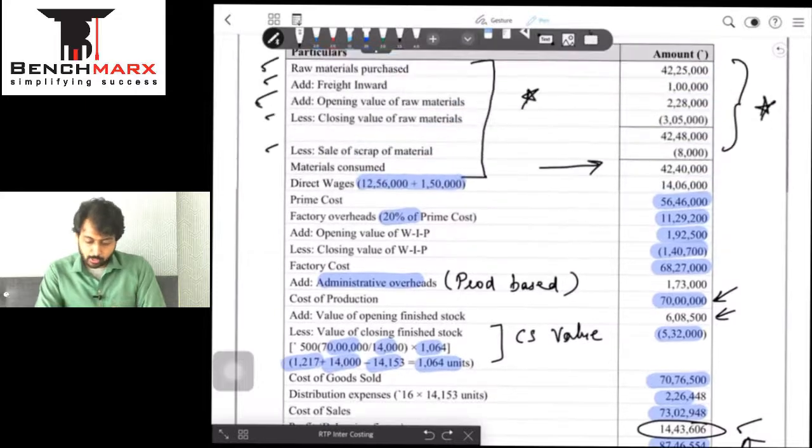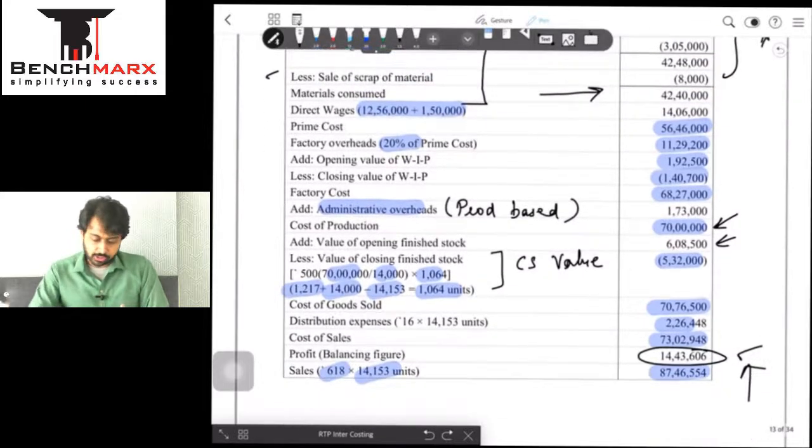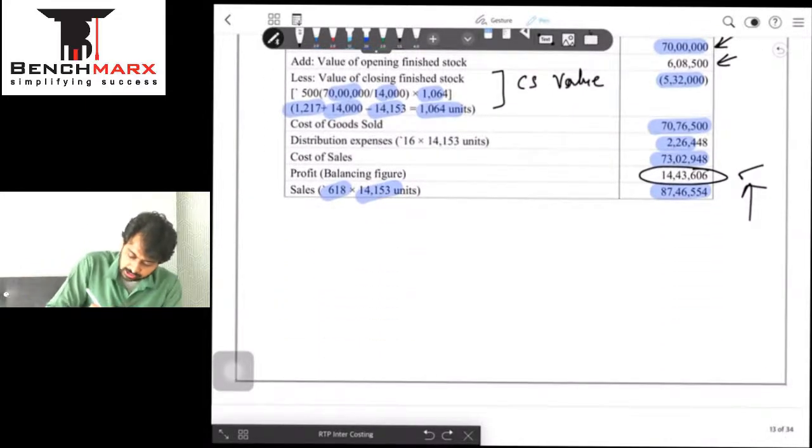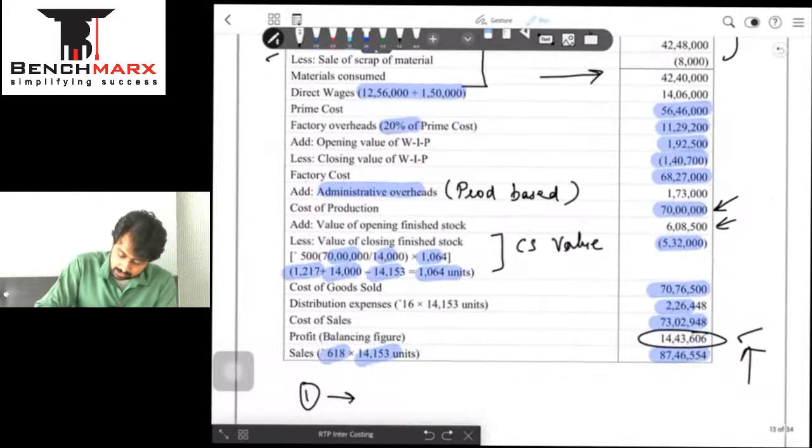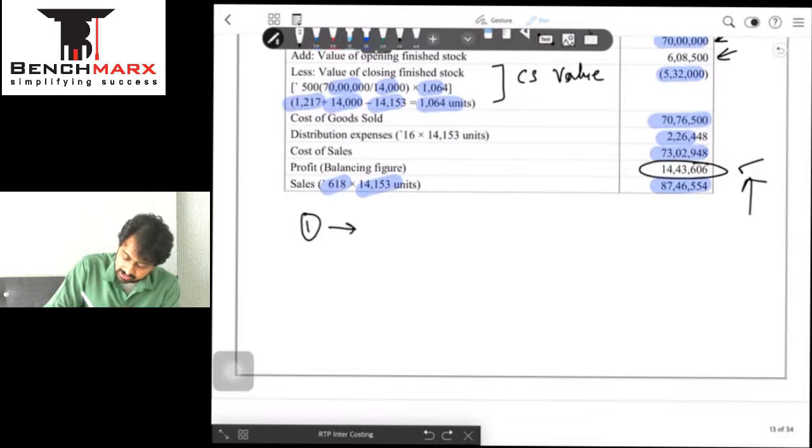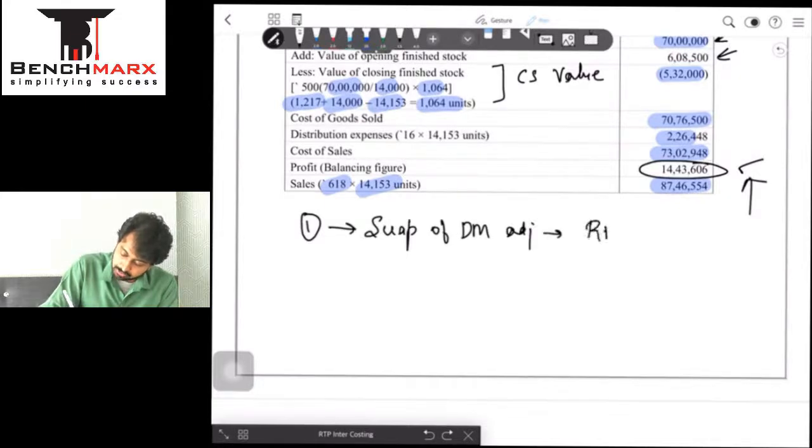So in this question, a couple of things are important. First important thing, if you want to write it down, you can: the sale of material scrap, so scrap of DM I will adjust from the raw material consumed.